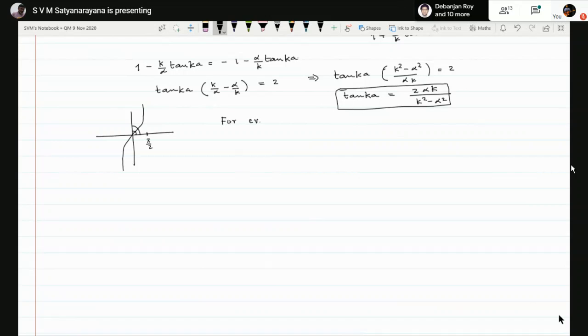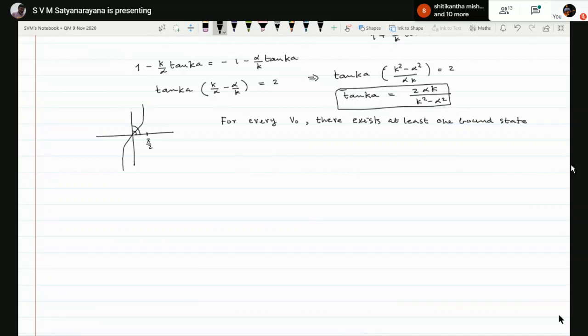So, because of this condition, for every V naught there exists at least one bound state.